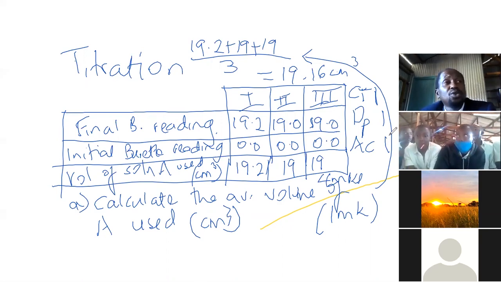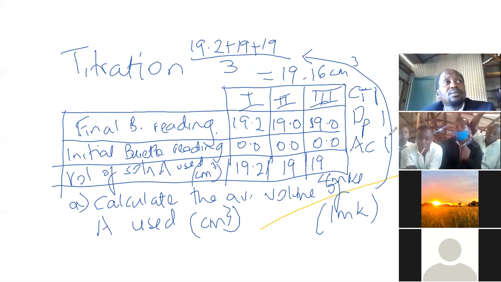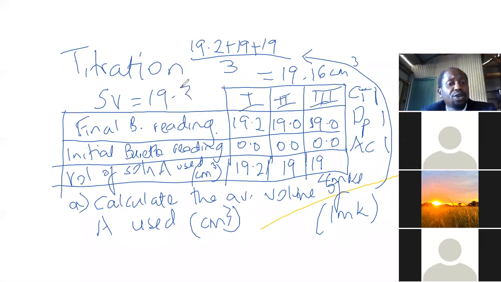Upon receiving those values, the exam council now uses the teacher's average value as the school value, which we write on top of the table. We can write school value, for instance, is equals to 19.3.